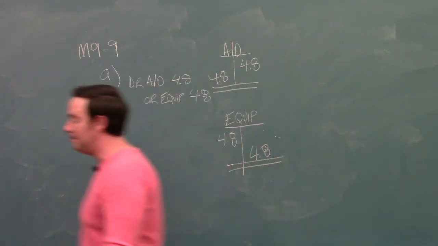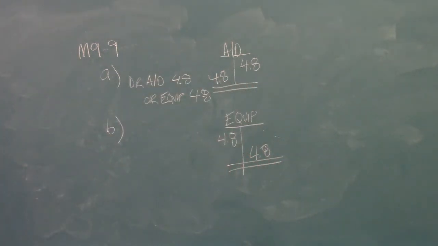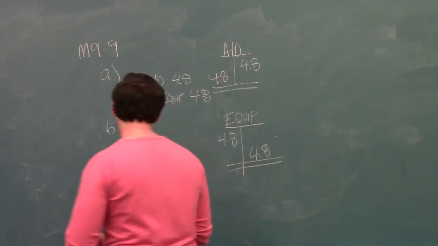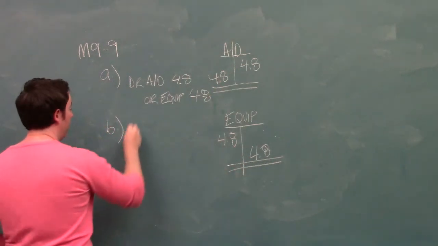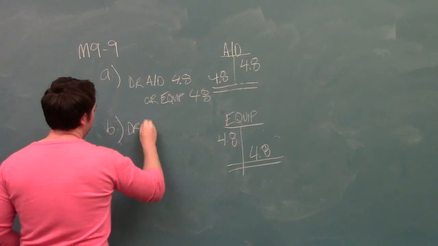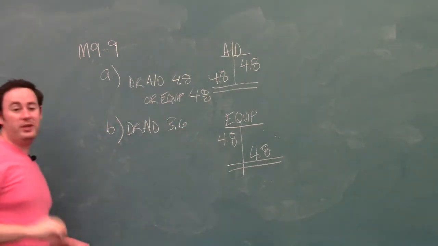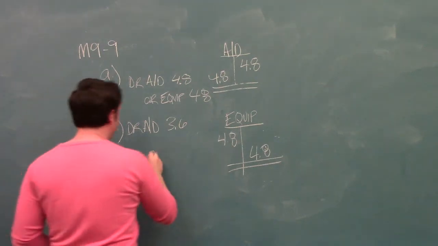All right, part B. Part B says that assume the same information as A, except that accumulated depreciation at the date of disposal was $3,600. Okay, so in this part now, we assume that accumulated depreciation is $3,600. We still have to debit it to get rid of it, but we just don't debit as much because there's only $3,600. So we debit 3.6 here. We still have to credit the equipment, get rid of the entire amount.